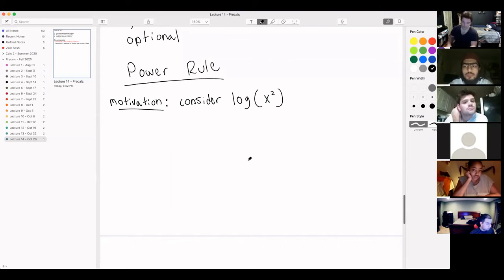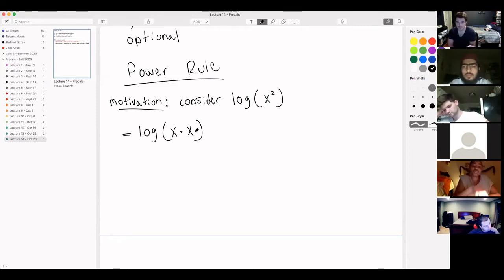I would like to use the product rule on this. This is the same as log of x times x, because x squared is just x times x by the definition of whole number exponents. Now I can use the product rule: this will be log of x plus log of x.